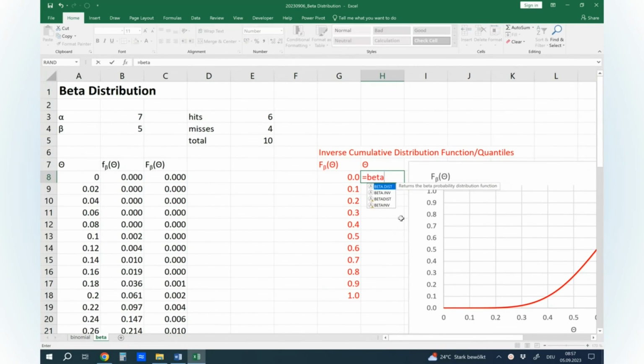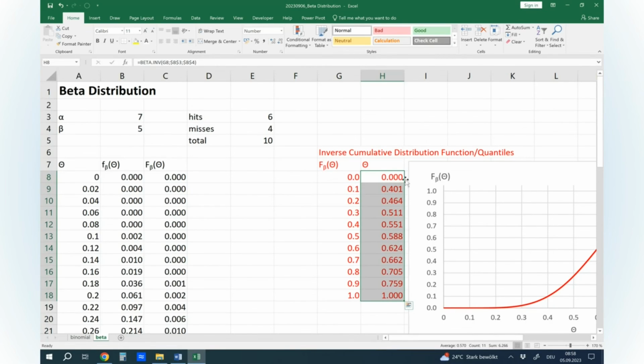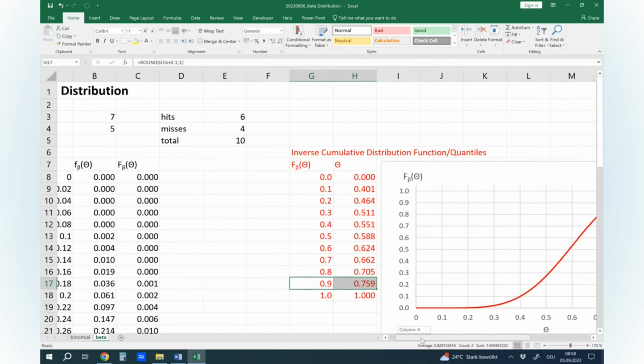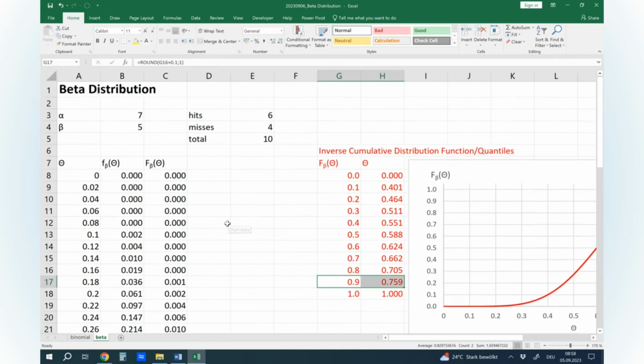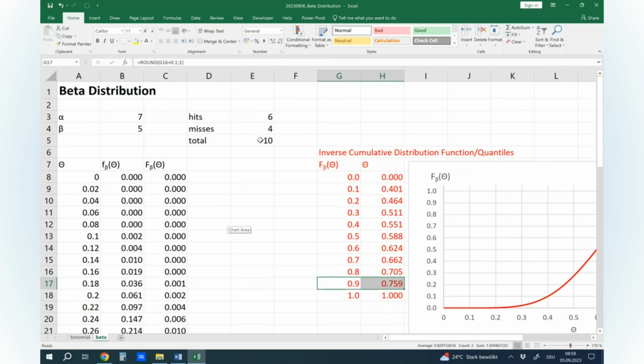The formula to use here is BETA.INV, with the cumulative probability as the argument and alpha and beta as parameters. To exemplify, we can be sure with, for example, 90% certainty that the hit probability theta is not greater than 0.759 when we have observed 6 hits in a total of 10 trials.